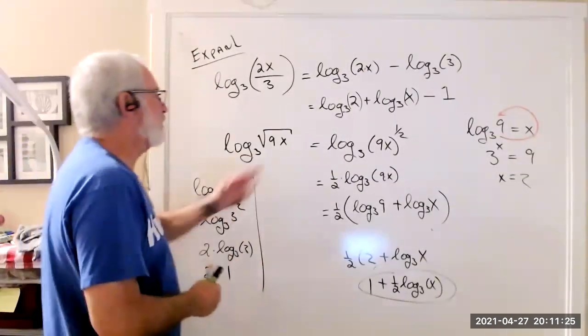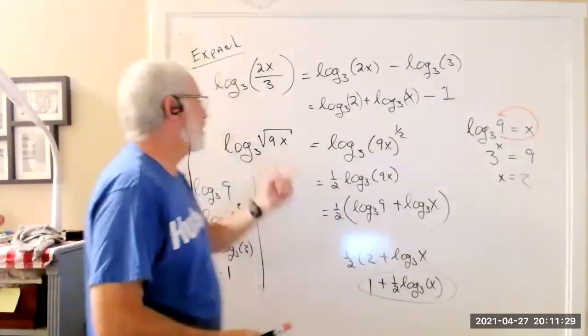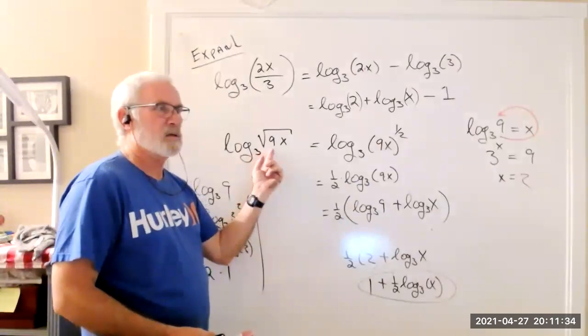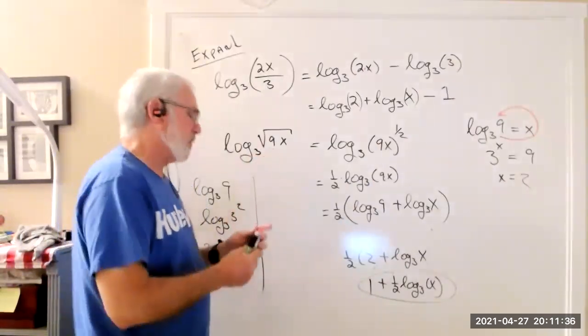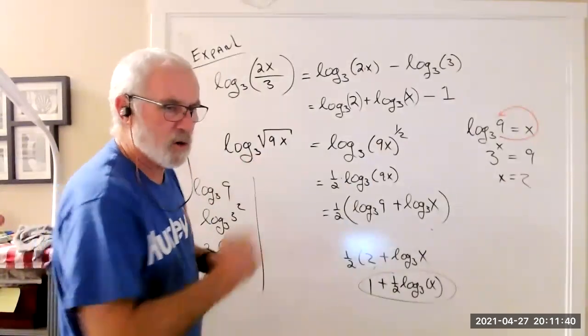You didn't get rid of it. You just wrote it in an alternate form. What I hear you saying is you want to do the square root of 9 and get 3. Yes, you could have gotten that also.